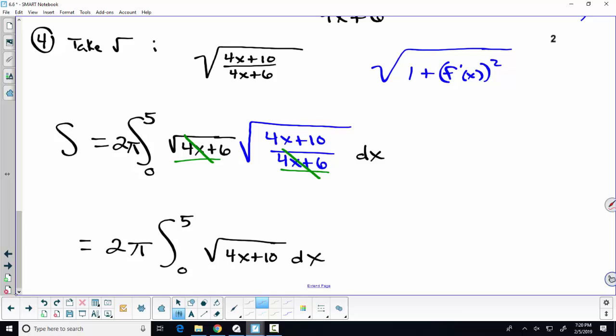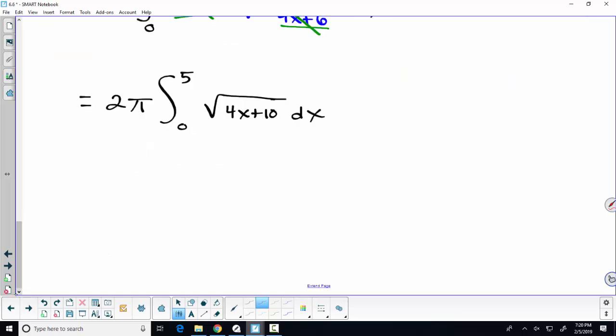All right, how do we evaluate our integral?